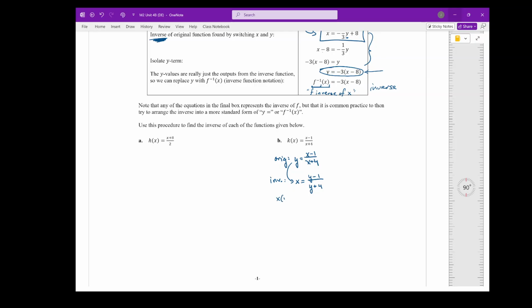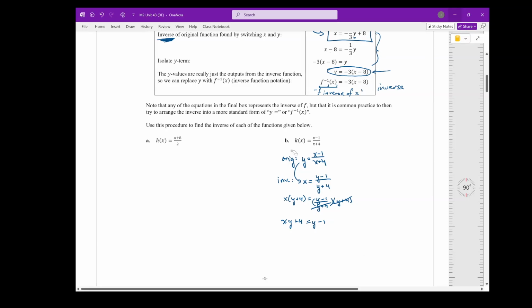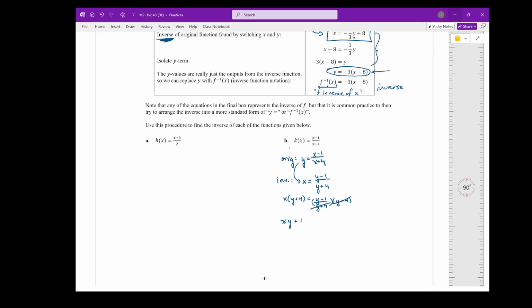So x times (y plus 4) equals (y minus 1) over (y plus 4) times (y plus 4). Then the y plus 4's cancel on this side. So over here, I've got x times (y plus 4) equals y minus 1. Whoops, that's not plus 4, it's plus 4x. I didn't distribute the x there, because it's got to go to both terms.